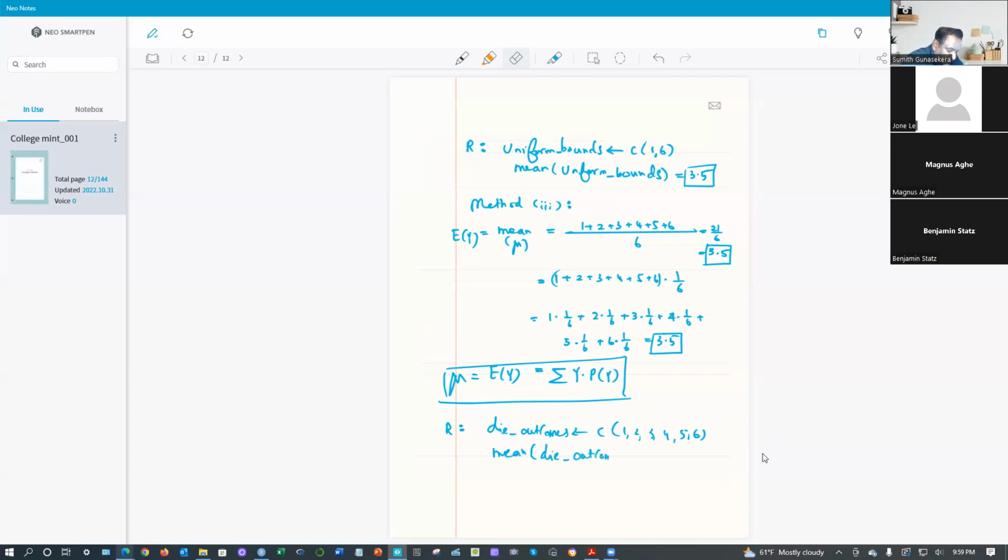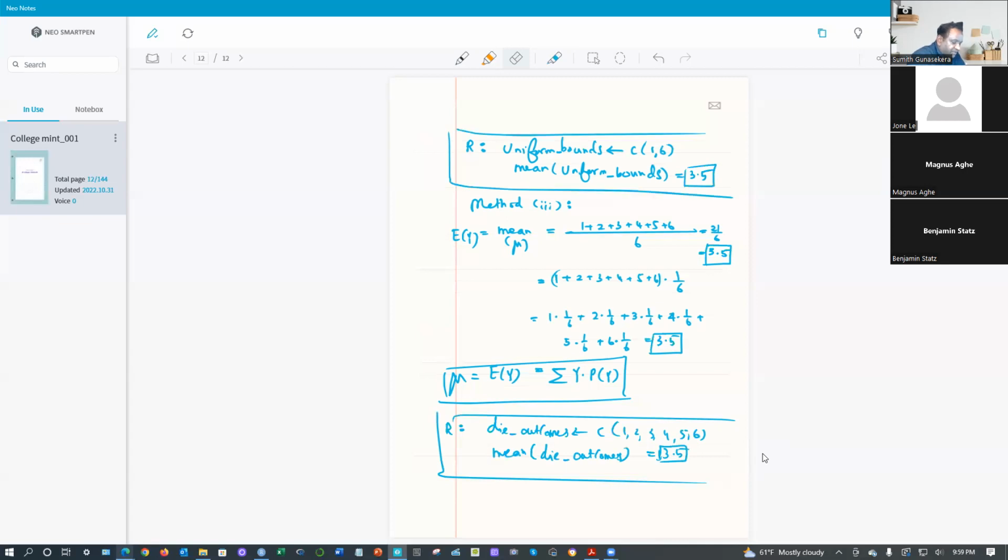That could give you 3.5. If you don't want to do it by hand, then you can use programming. Either way, it's fine. You have to get the idea of what's going on over here.